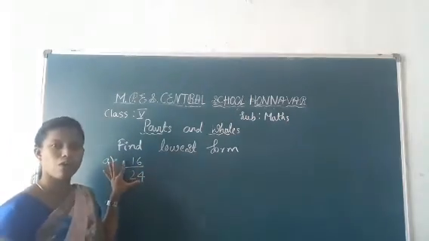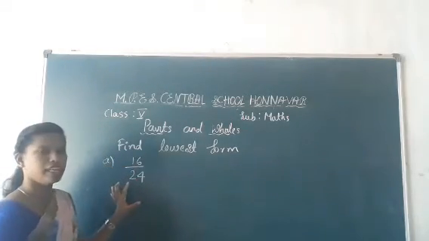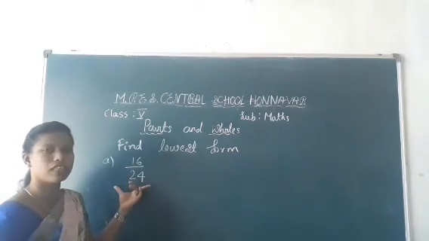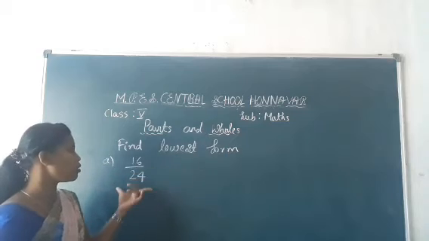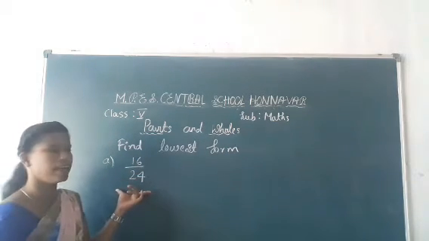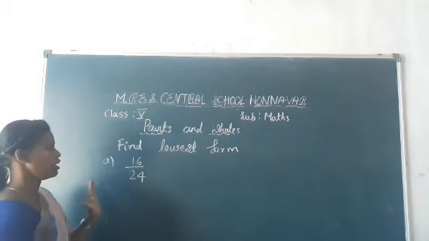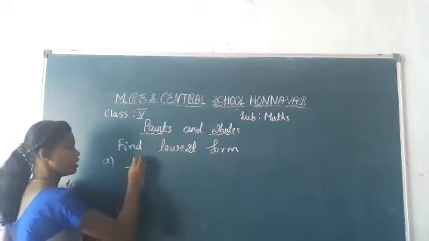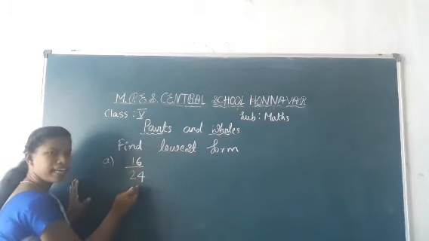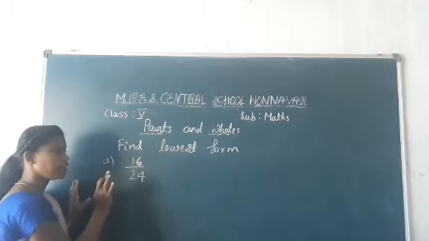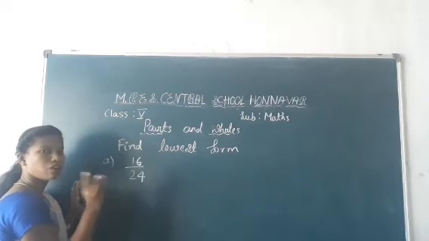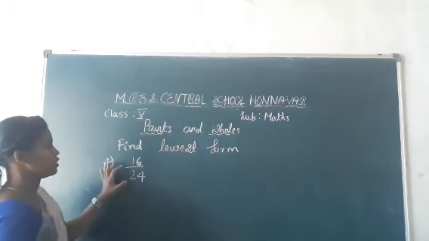Here we have one fraction, that is 16/24. Here we find out the lowest form of this fraction. How do we find out? Here we see if this numerator and denominator are divided by only one number.